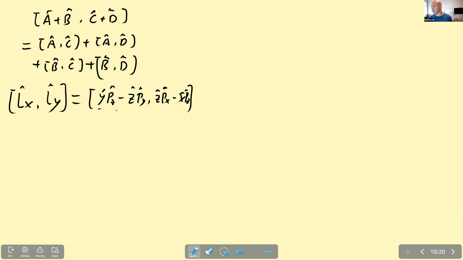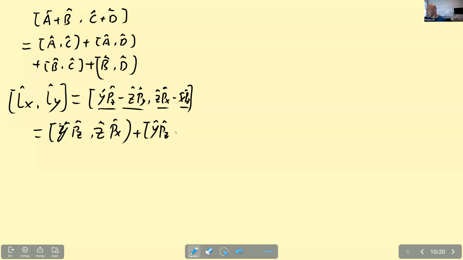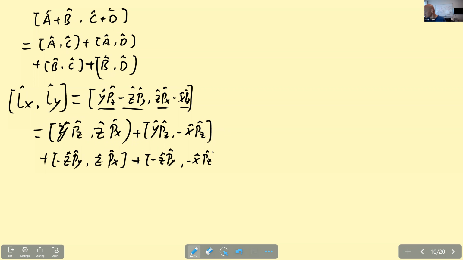Now you can make this one A, this one B, this one C, then this D. So that will have 4 terms: [y pz, z px], then plus [y pz, minus x pz], and [minus z py, z px], and [minus z py, minus x pz].